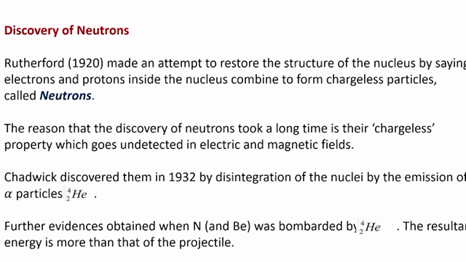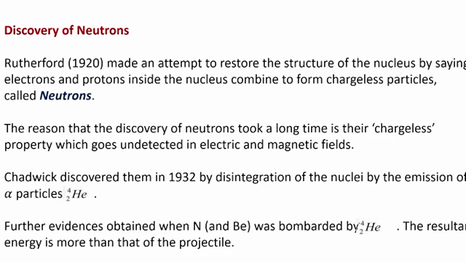So, these further evidences were obtained when nitrogen, and actually beryllium was the more familiar in that context, was bombarded by these alpha particles, and the resultant energy is found to be much more than the projectile.